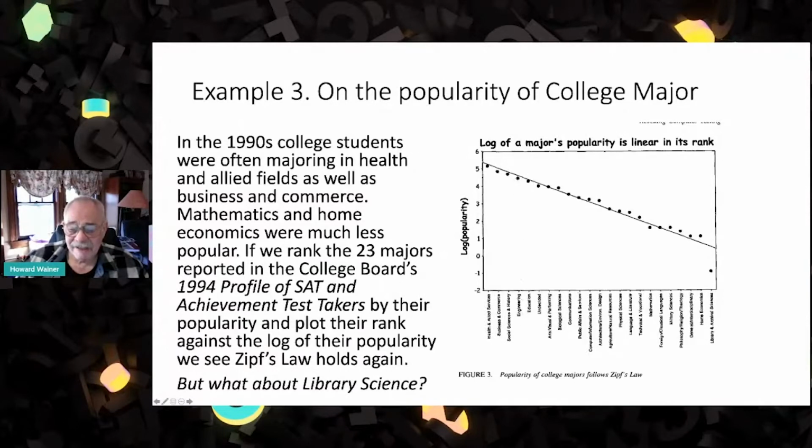Engineering was somewhat less, and education somewhat less, and home economics is much less common, and the least common one is library and archival sciences. And if you make a plot of the rank of the major versus the log of their popularity, it is dead linear, except for library and archival sciences.